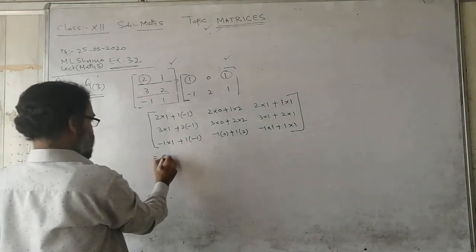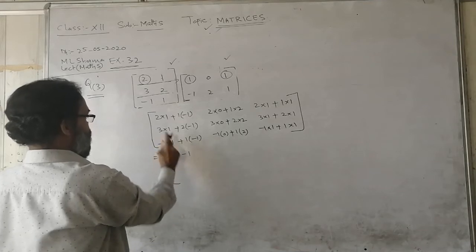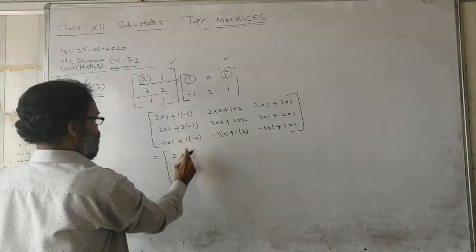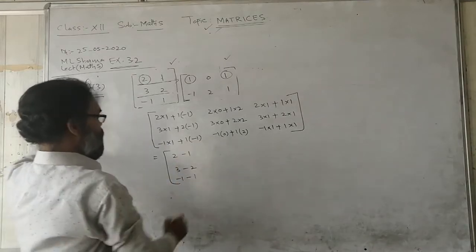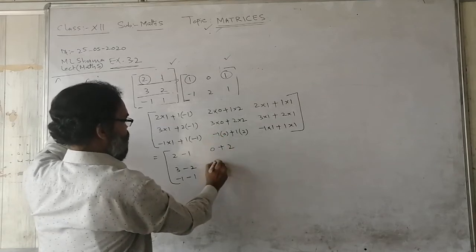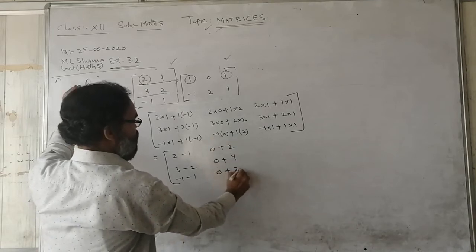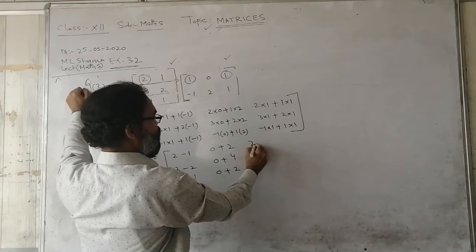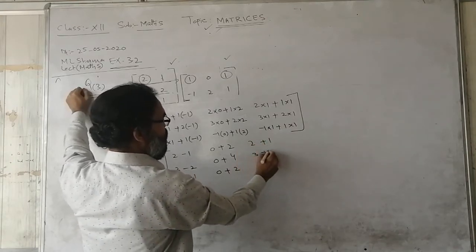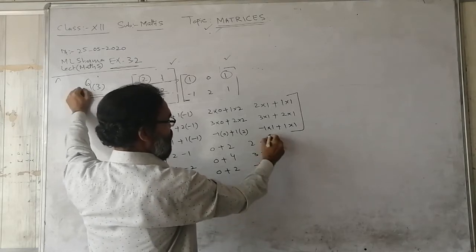So this matrix will equal 2 minus 1, 3 minus 2, minus 1 minus 1, here 0 plus 2, 0 plus 4, 0 plus 2, and here 2 plus 1, 3 plus 2, minus 1 plus 1.